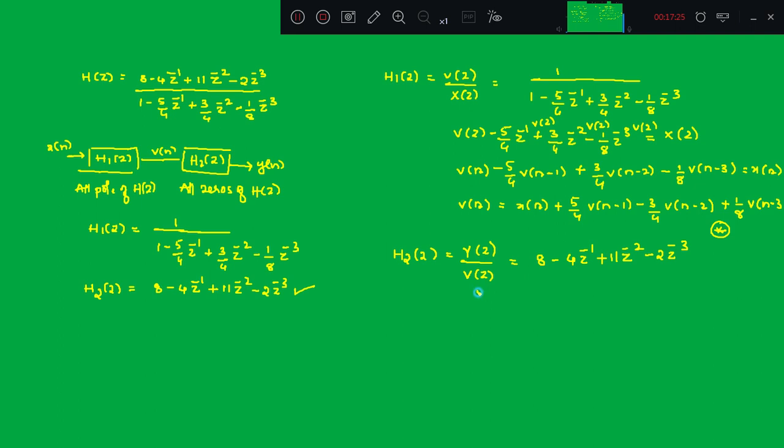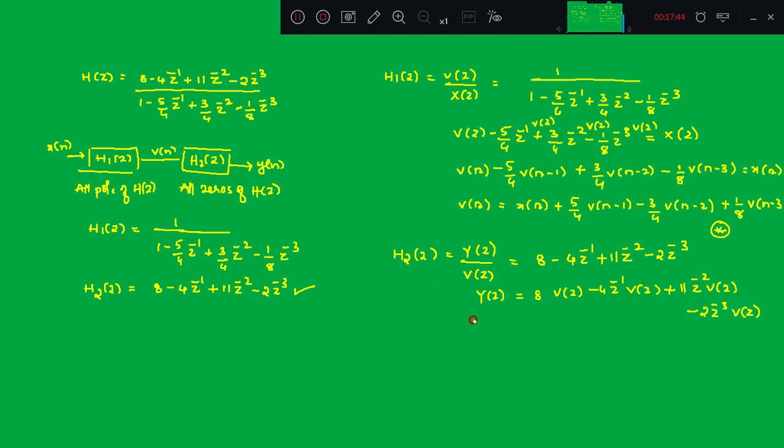So cross multiplication, Y(z) is equal to 8 V(z) minus 4 z raised to minus 1 V(z) plus 11 z raised to minus 2 V(z), next minus 2 z raised to minus 3 V(z).